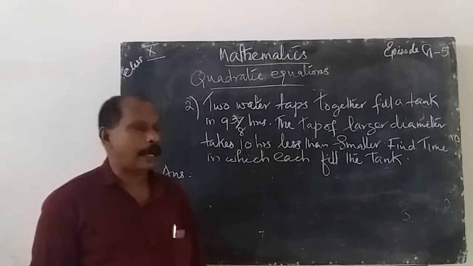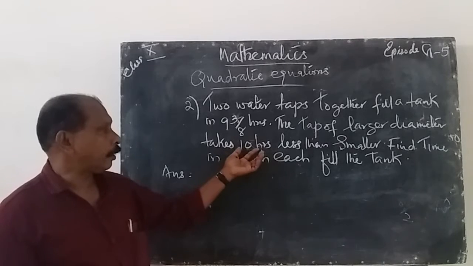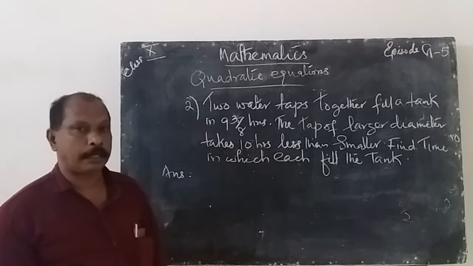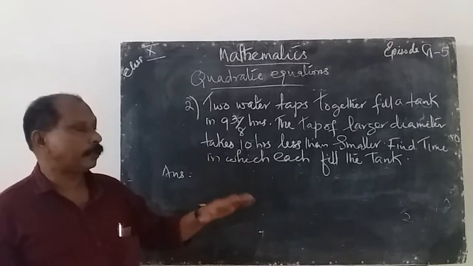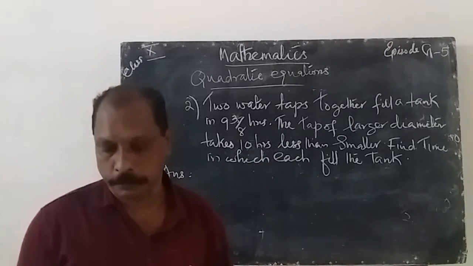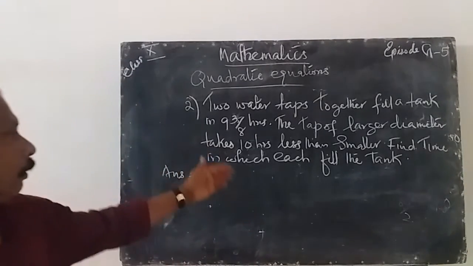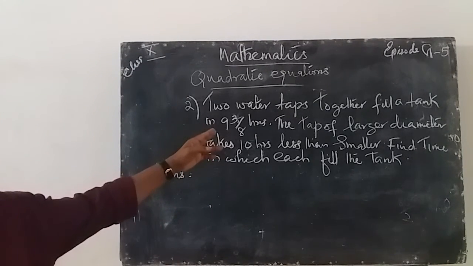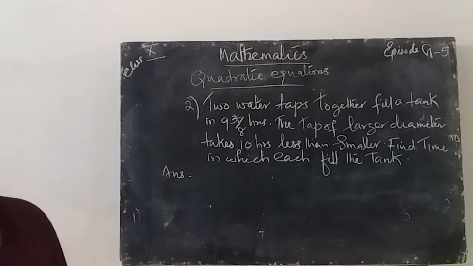The tap of larger diameter takes 10 hours less than the smaller one. Find the time in which each tap can fill the tank separately. That means we can find out the rate of each tap separately.